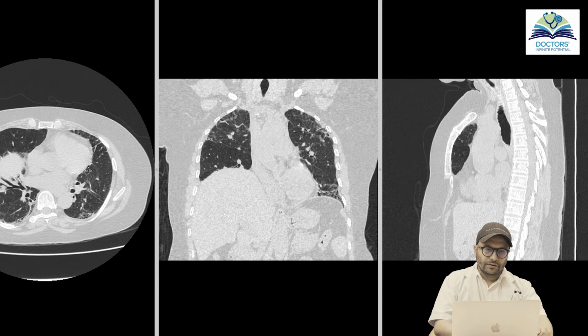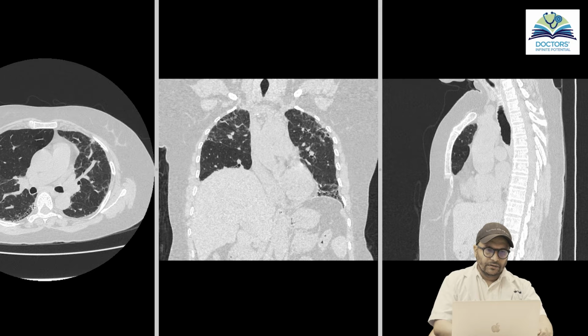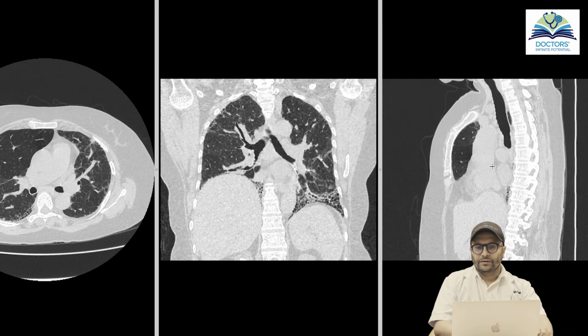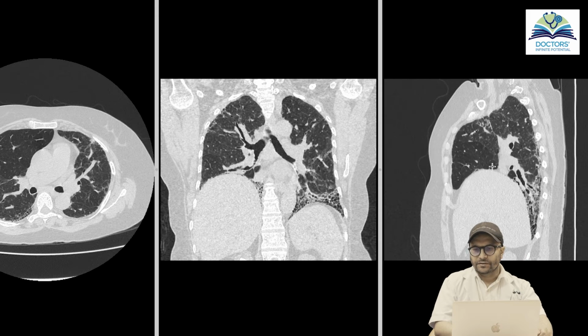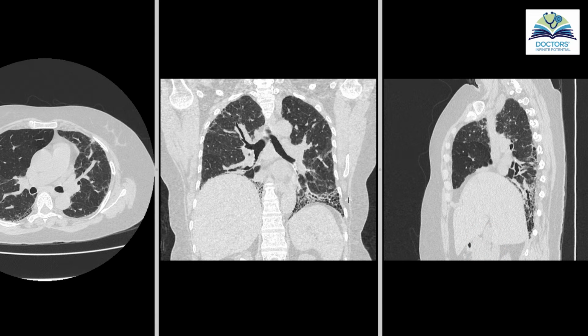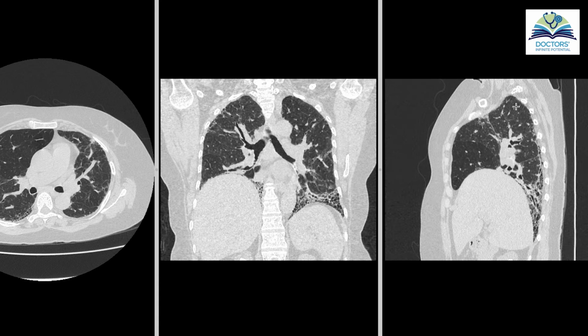So this is the axial image, this is a coronal image, and the sagittal image showing traction bronchiectasis, honeycombing, multiple reticulation, and few areas of ground glass opacities with apicobasal gradient, because lung bases are involved more than apices. Apical region is less involved than lung bases.